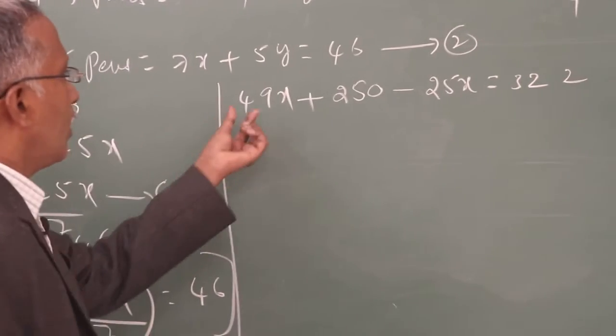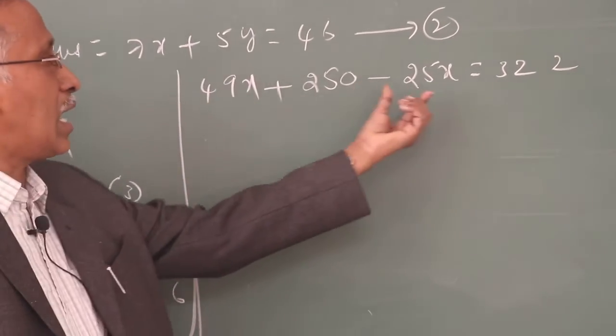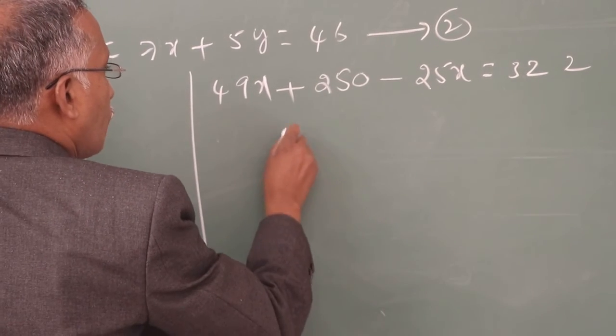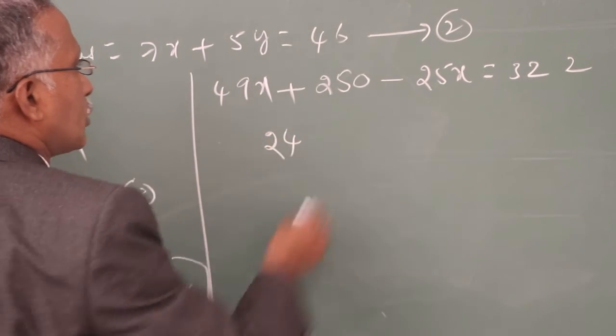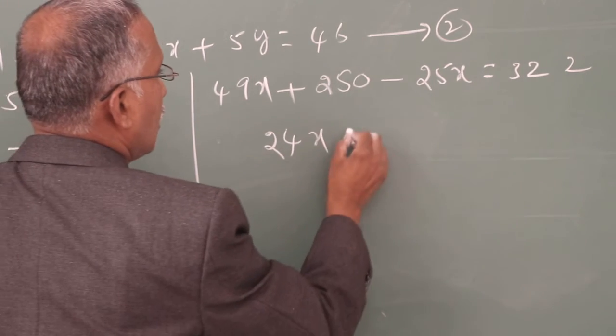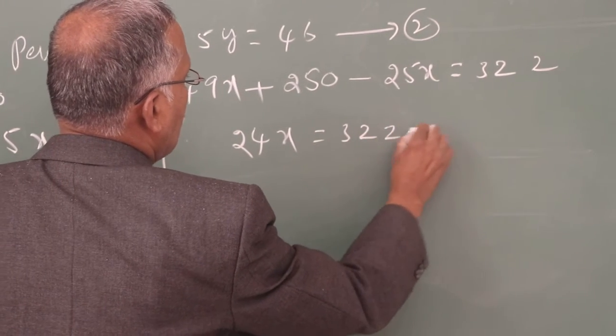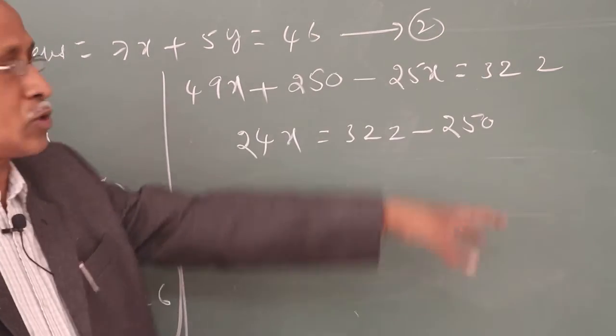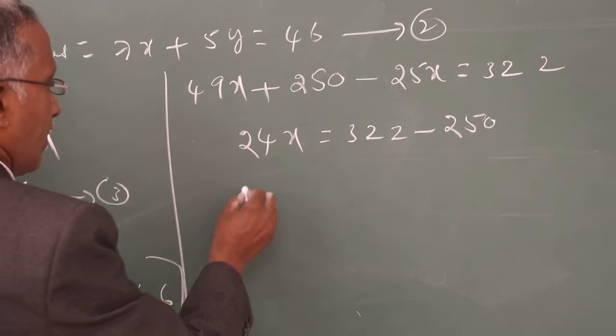Look at this now. 49x and minus 25x is how much? 9 minus 5, 4. 4 minus 2 is 2, 24x, which is equal to 322 minus 250. Plus 250, if you transpose, that becomes minus 250.